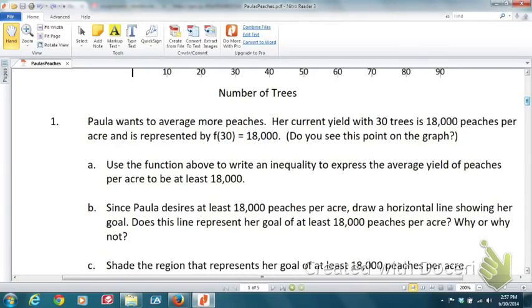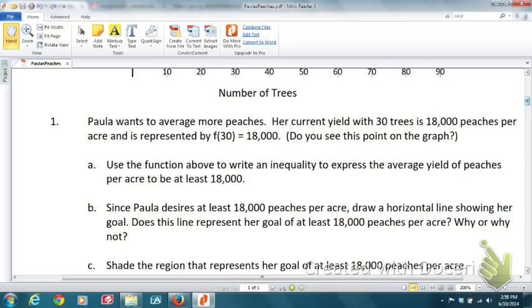Now keeping that in mind, going to number 1. It says, Paula wants to average more peaches. Her current yield with 30 trees is 18,000 peaches per acre, and it's represented by f at 30 equals 18,000. F at 30 equals 18,000 is a point in function notation.